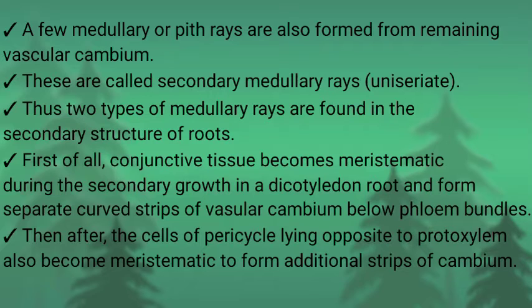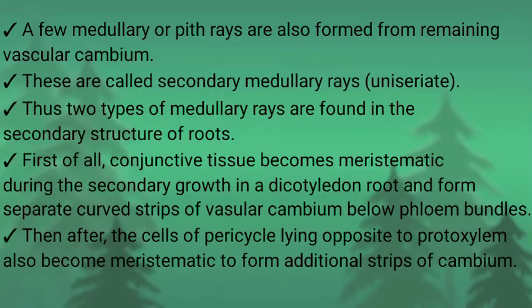First of all, conjunctive tissue becomes meristematic during the secondary growth in dicotyledon root and forms separate curved strips of vascular cambium below the phloem bundles. Then the cells of pericycle lying opposite to protoxylem also become meristematic to form additional strips of cambium.